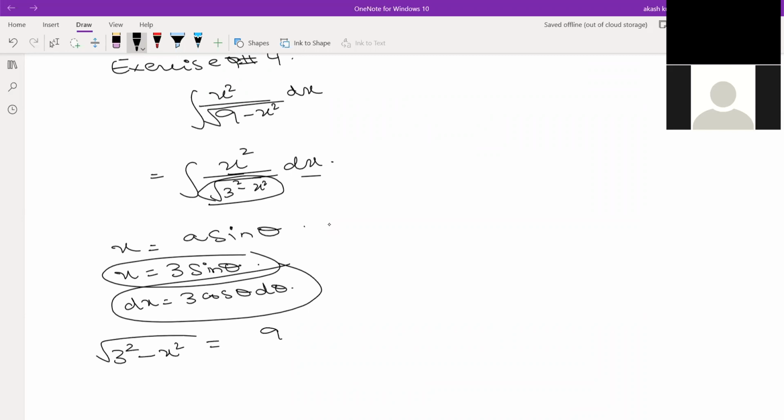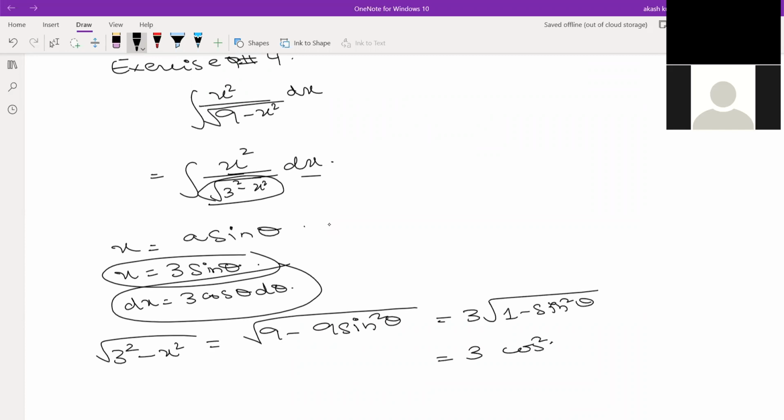So it becomes 9 minus x squared, which is 9 cos squared theta. Taking 9 out, it becomes 3 outside the square root, and inside it becomes 1 minus sine squared theta. And I know that 1 minus sine squared theta is cos squared theta, so it becomes 3 cos theta.